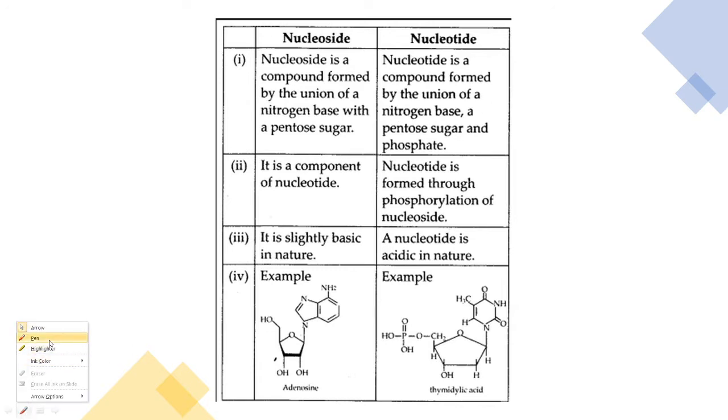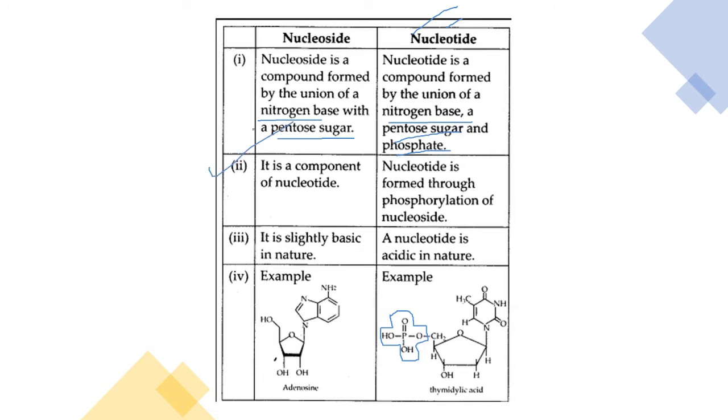Here is the difference: nitrogen base and a pentose sugar, but in nucleotide there are nitrogen base, pentose sugar and a phosphate group. Here is the phosphate group, PO4 minus. Nucleoside is a component of nucleotide.